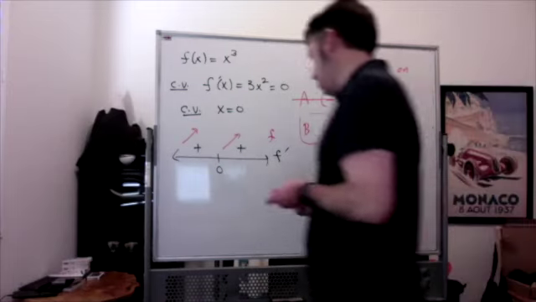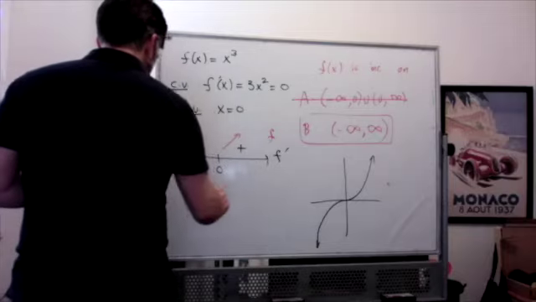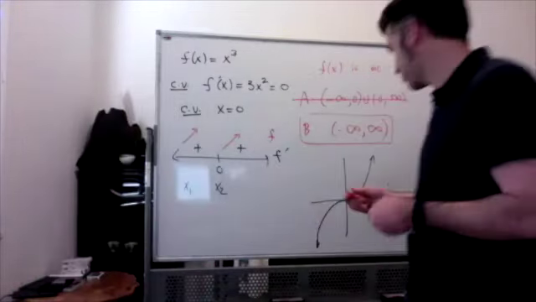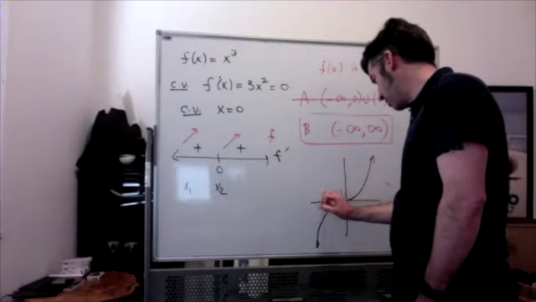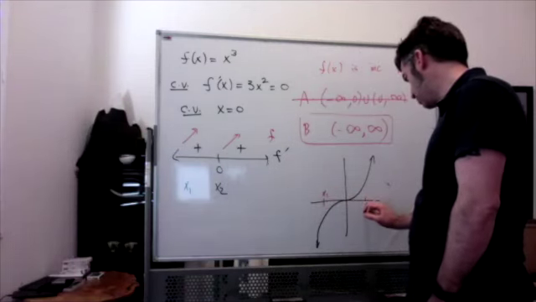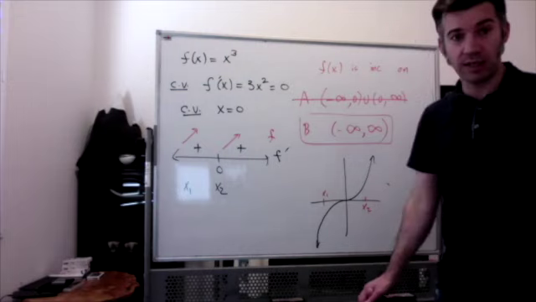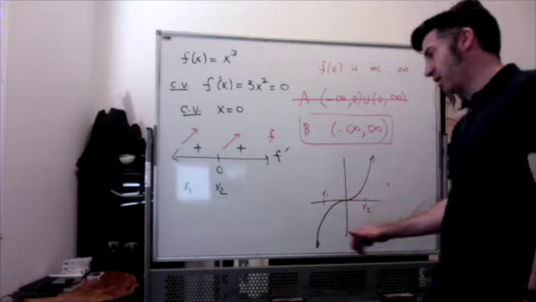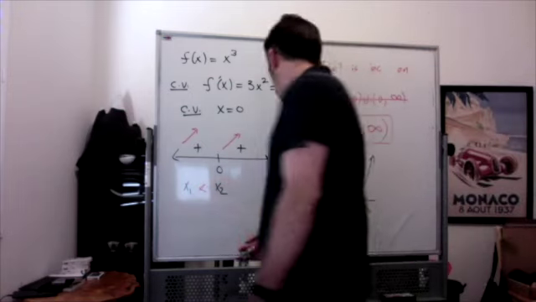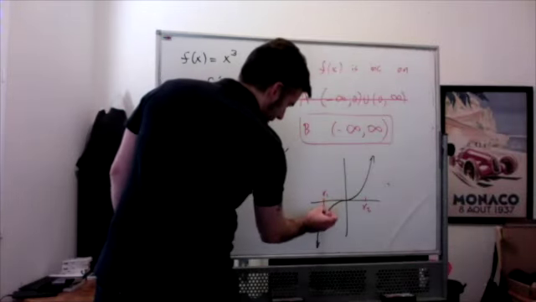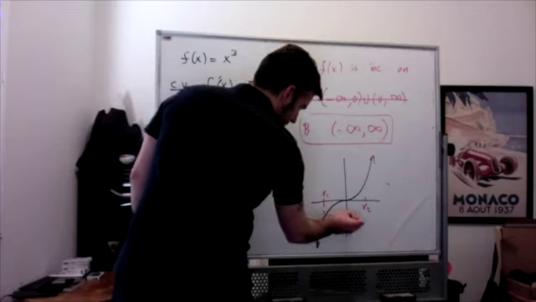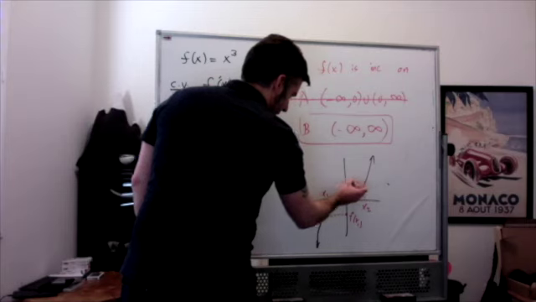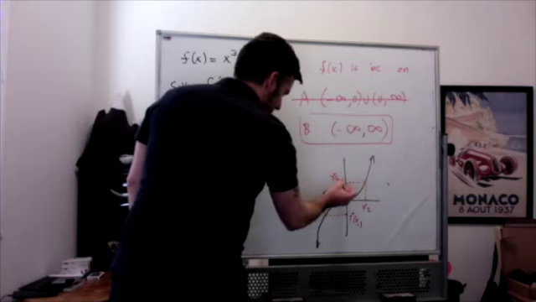If you pick any 2 points, x1 and x2, right? Maybe here's x1, maybe here's x2. To be increasing means that if x1 is smaller than x2, then the y value for x1 has to be smaller than the y value for x2, which it clearly is here.